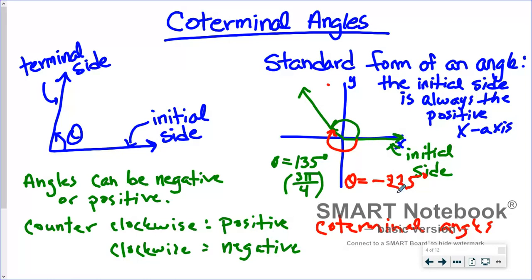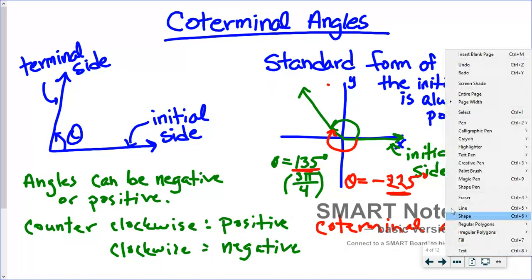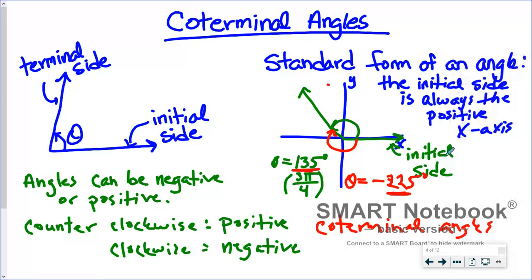Now, is this the only two ways, negative 225 and positive 135, that you could name this angle? Or are there possibly more? Well, what if I start here, go all the way around, so how far have I gone? 360, and then I keep going, and I stop here again. 360 plus 135, 495.